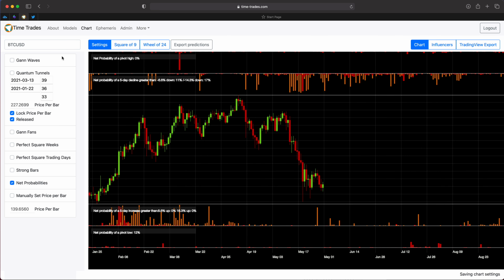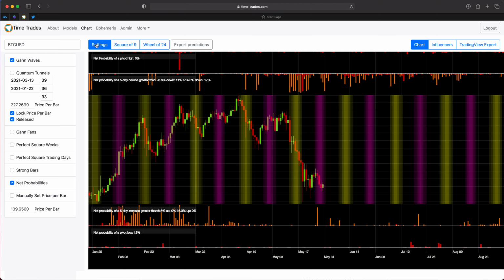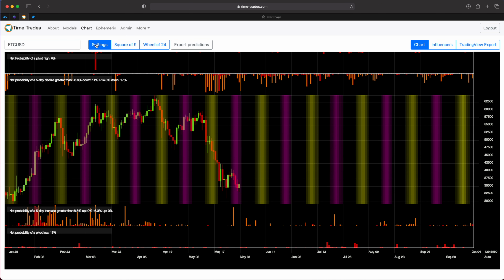This is when I first saw the Gann Waves on the Bitcoin chart. I knew there was something really unique to this because you can see it just visually. When I look at the Gann Waves, I don't really look at specific days, and I don't really look for highs or lows. The Gann waves do not indicate highs or lows.